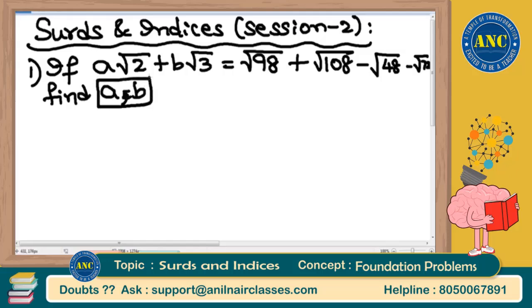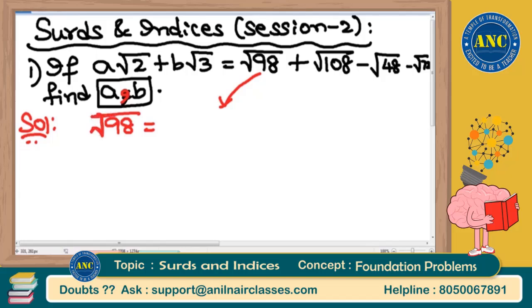Now listen carefully, sir. You need to find the values of a and b, given that a root 2 plus b root 3 equals the expression on the right hand side of the screen. Same logic that I implemented in the morning class. Suppose I want to find root 98.